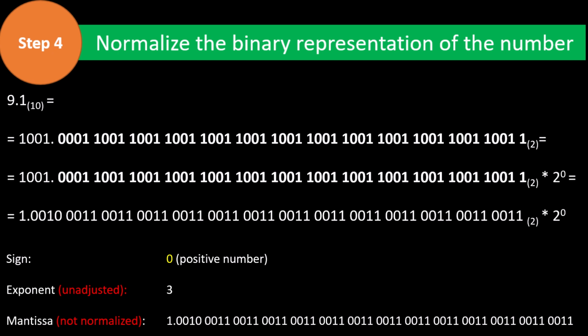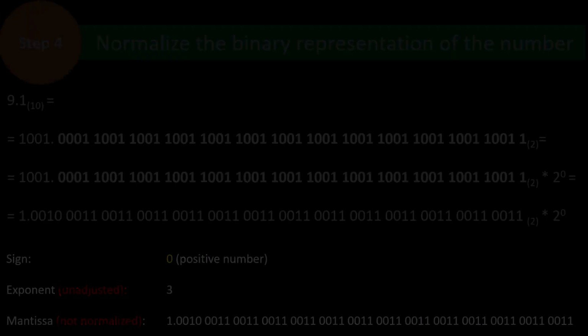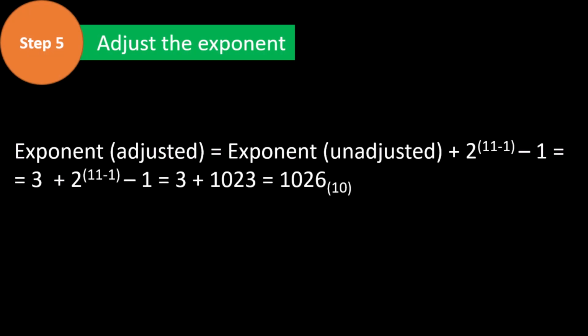Unadjusted exponent is 3. Mantissa or fraction is not normalized yet. It's a long number that's shown at the bottom of the screen. Step 5, adjust the exponent. We need to add bias, and we know that bias in double precision format is 1023. So adding 3 plus 1023 makes 1026 in decimal base 10.